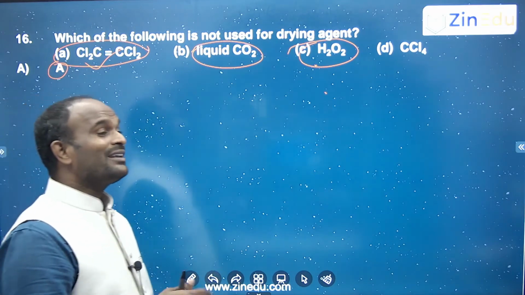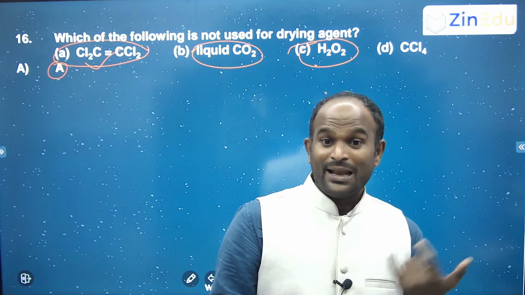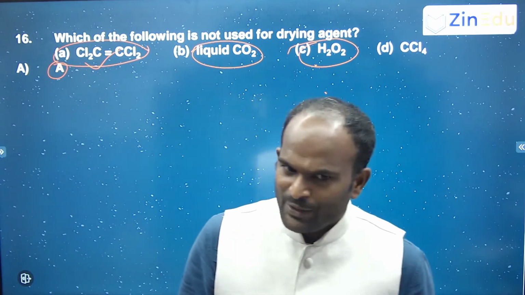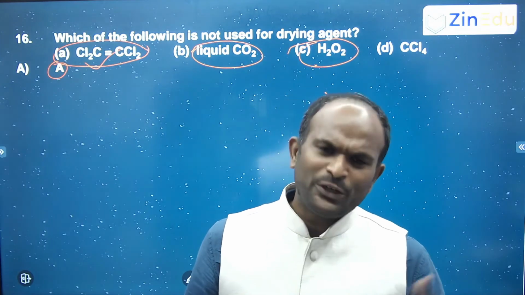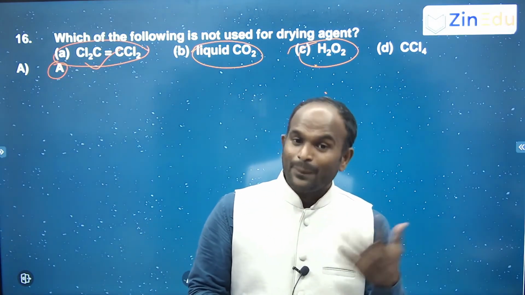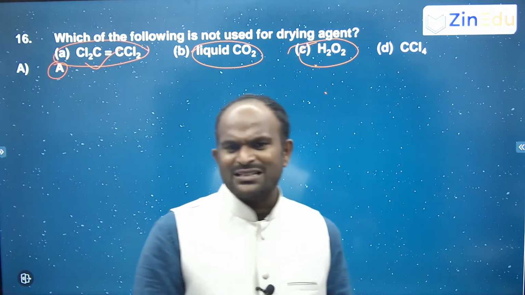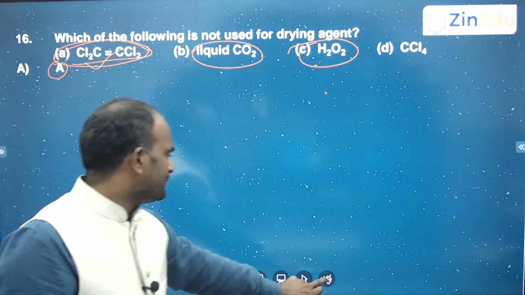So what can be used as drying agents? For example, in the case of bases, calcium oxide can be used. P4O10 or P2O5, whatever it is, can be used in the case of acids. H2SO4 can be used as a drying agent. Carbon dioxide also can be used as a drying agent. These can all be used as drying agents, not this alkene.